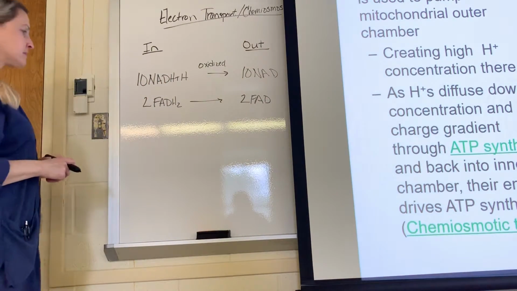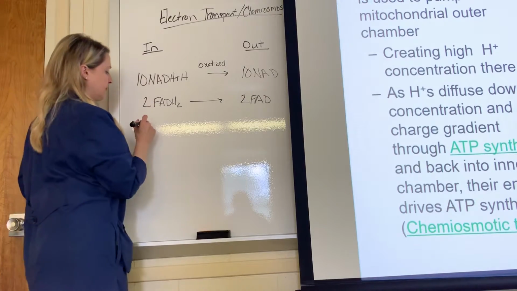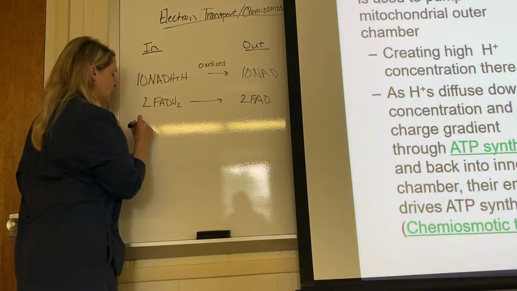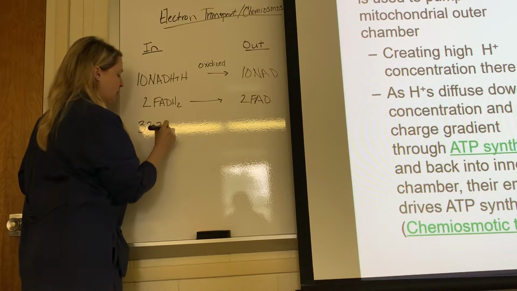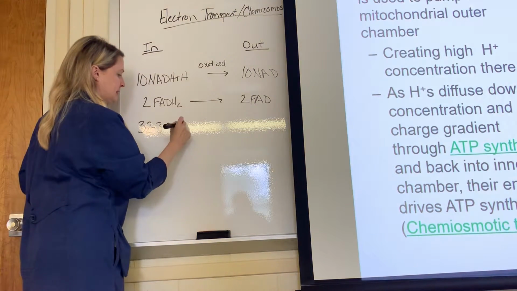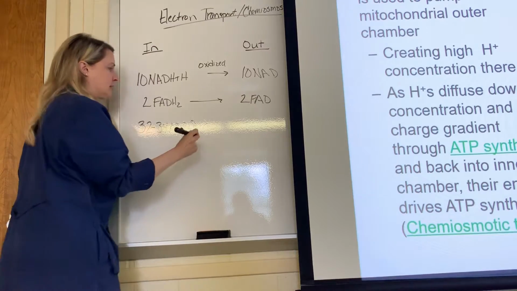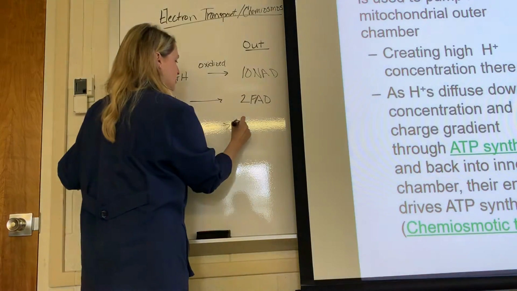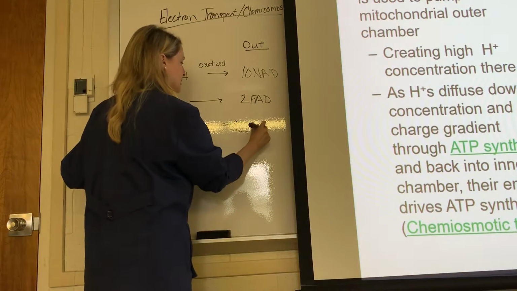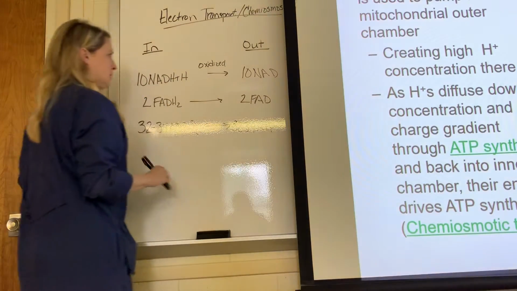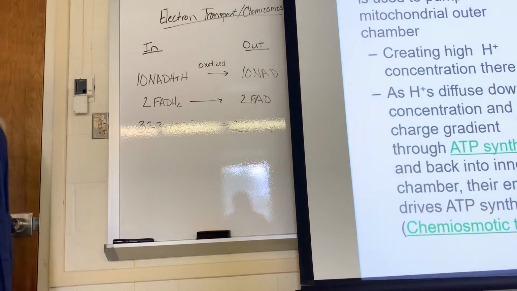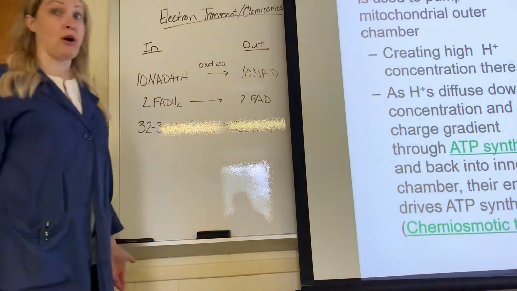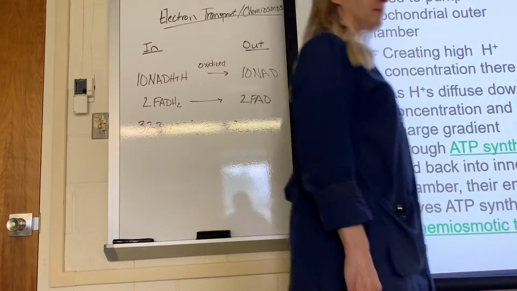And then we have a big number, 32 to 34 ADP and phosphate yield 32 to 34 ATP. So we have a lot of ATP that can be produced through this process.